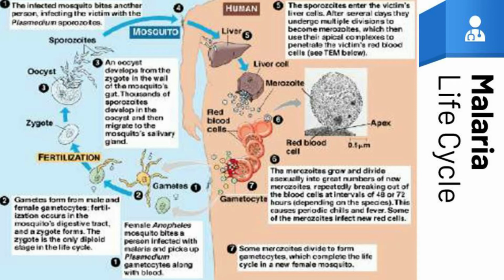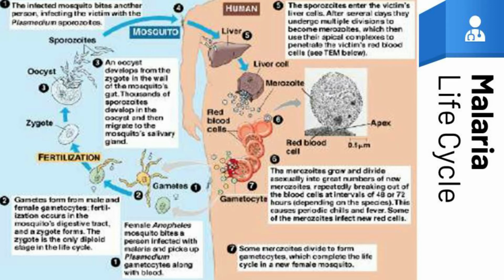Then, the next stage, within the mosquito midgut, the male gametocyte undergoes a rapid nuclear division that will produce 8 flagellated microgametes which will fertilize the female macrogamete.